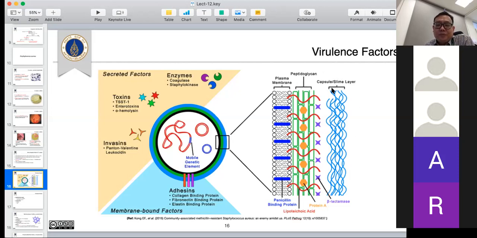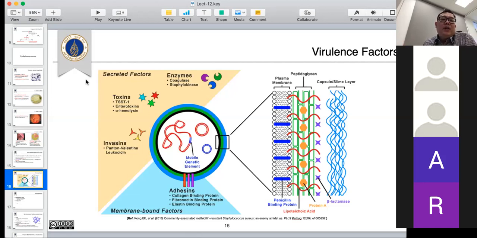Capsule inhibit phagocytosis. Okay. Peptidoglycan can activate immune response. They also have penicillin binding protein, PBP, all right, and protein A. I will say later what is that, and also some protein called adhesin help staph attach to the cell of host.